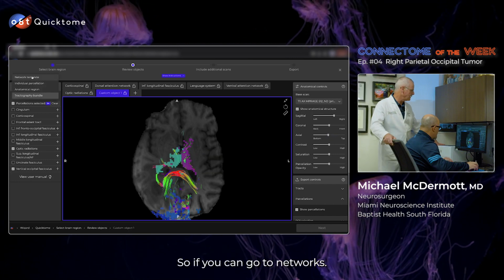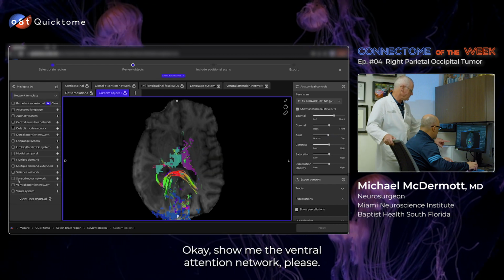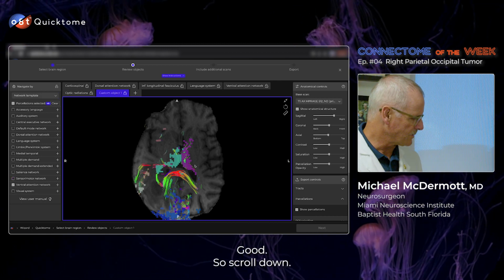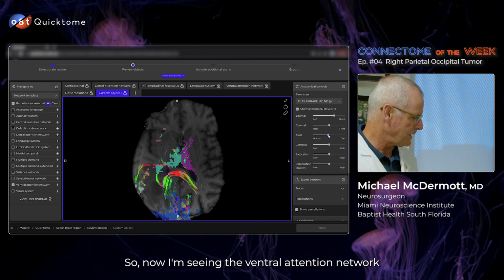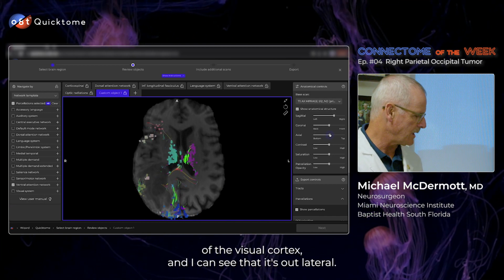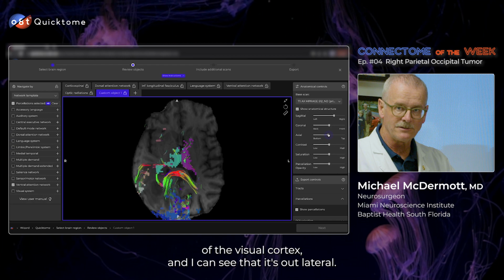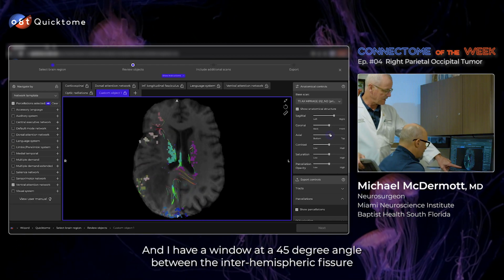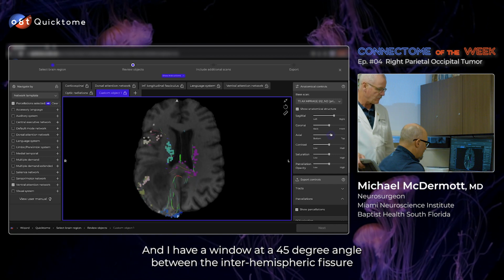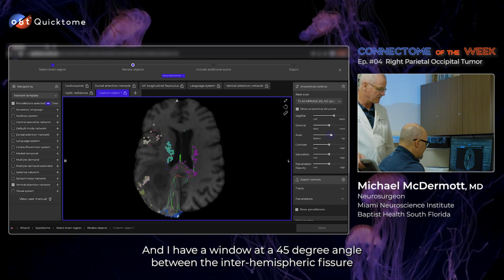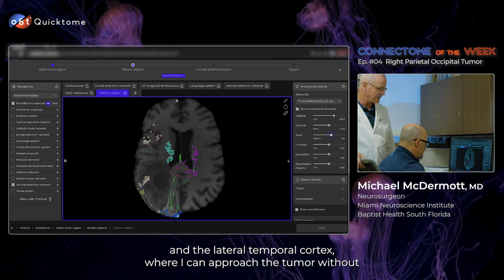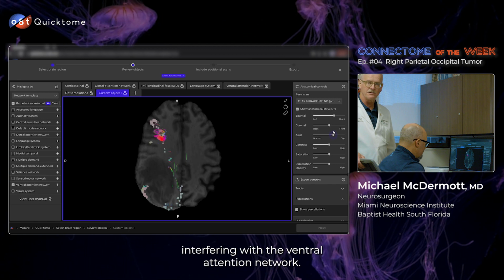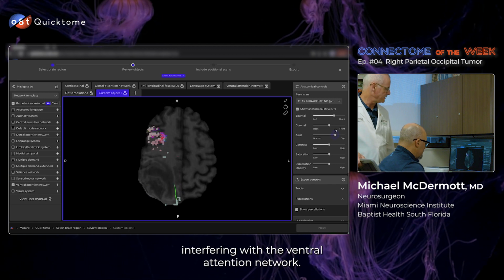So if you can go to networks. Okay, show me the ventral attention network, please. Good, so scroll down. So now I'm seeing the ventral attention network of the visual cortex, and I can see that it's out lateral, and I can see the visual fiber pathways medially, and I have a window at a 45-degree angle between the interhemispheric fissure and the lateral temporal cortex where I can approach the tumor without interfering with the ventral attention network.